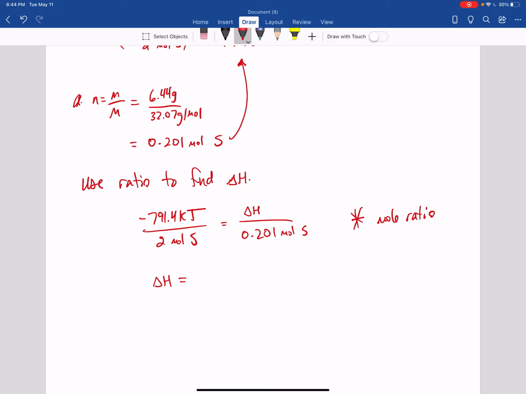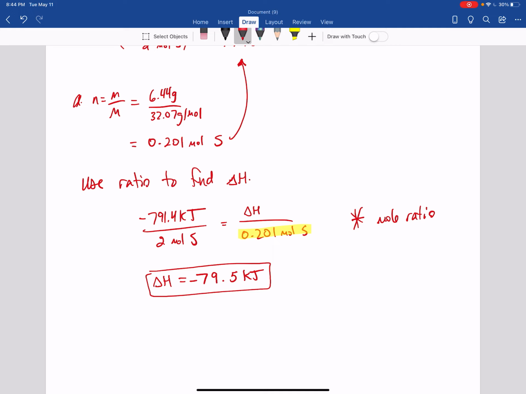If you look at this, you say, okay, 2 moles of sulfur can release 791 kilojoules. But we don't have 2 moles. We have about 1/10 of that. So 1/10 of the energy should be released. And when I punch that in, my answer is 79.5 kilojoules.